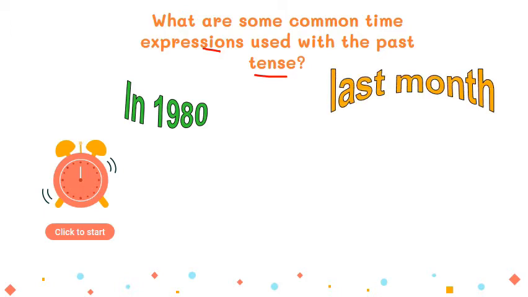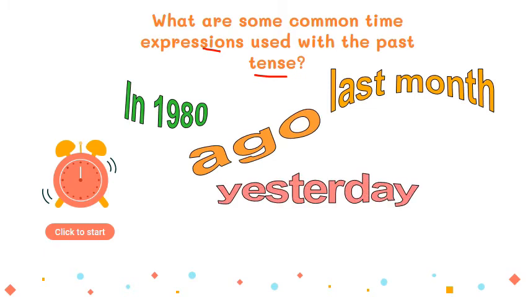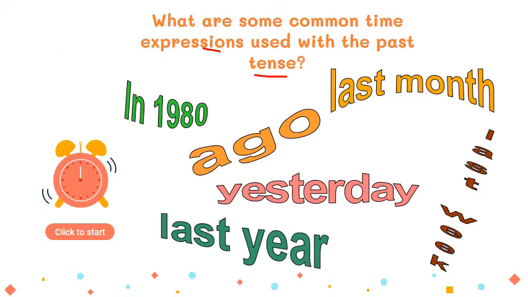Last month, last day, last weekend, last week, last year. Ago, like a long time ago. Yesterday. Yesterday is a keyword that this action happened in the past. Or probably last week. Or even last year.